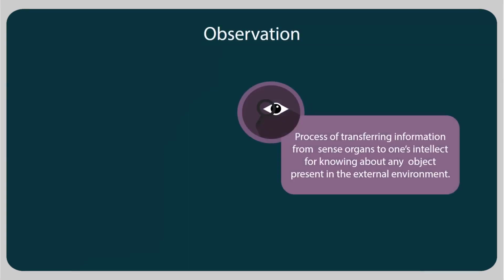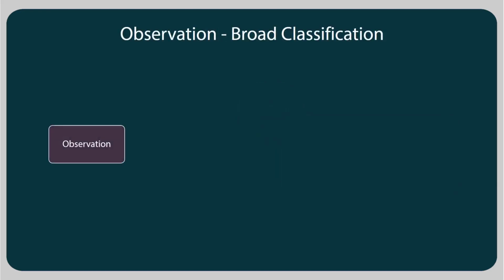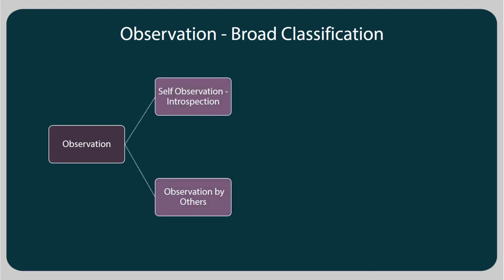We transfer the information obtained from various sense organs to one's intellect for knowing any object present in the external environment. It's a process by itself. In fact, observation can be broadly classified into two categories, namely self-observation and the observation by others.